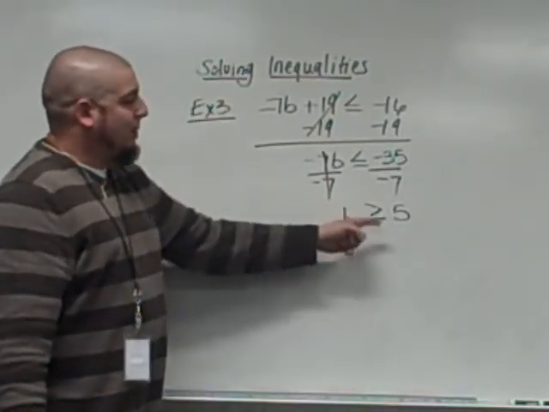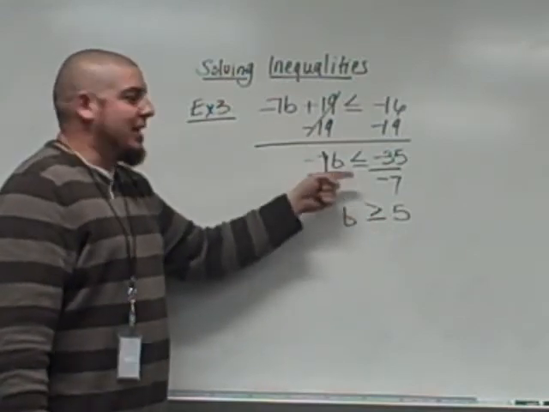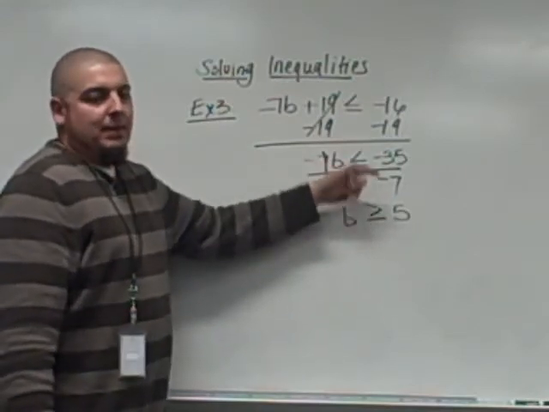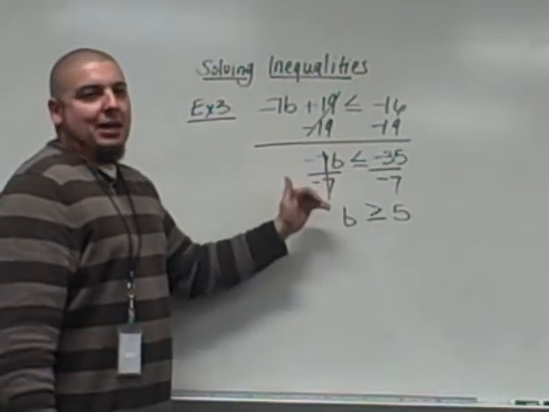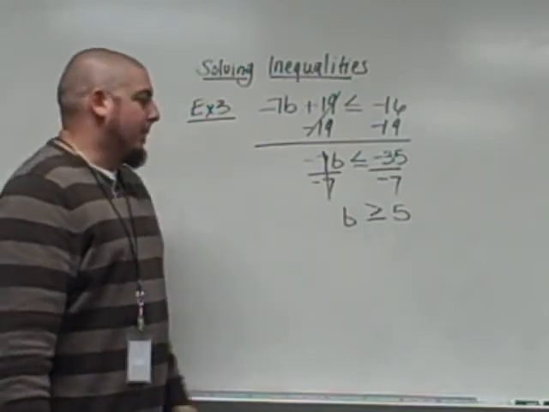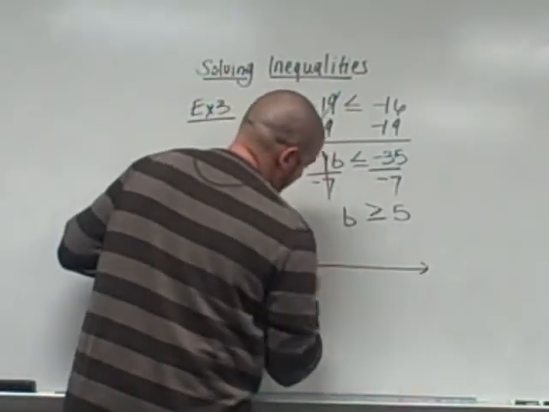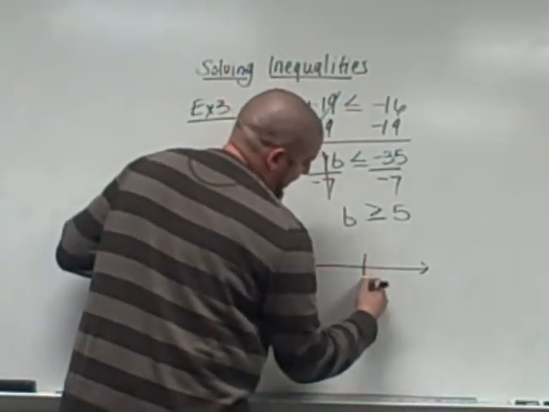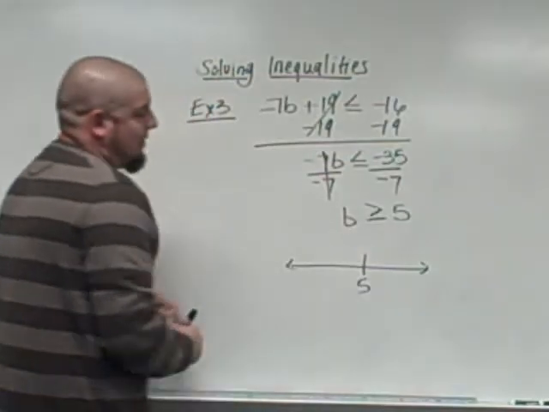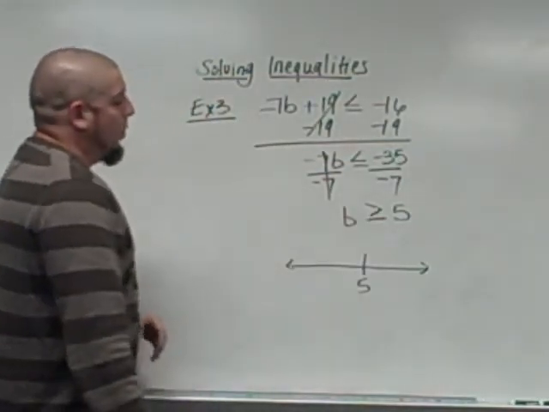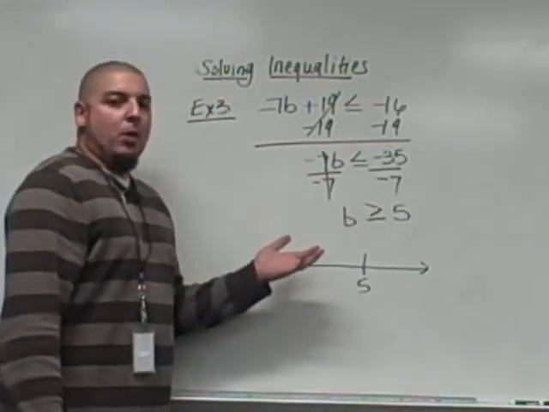Again, I had to flip my sign because I divided by negative 7. If you multiply or divide across the sign, then you flip it. Again, if I want to graph this, I drop my 5 down there because that's my solution. What kind of circle am I going to have now? Open or closed?